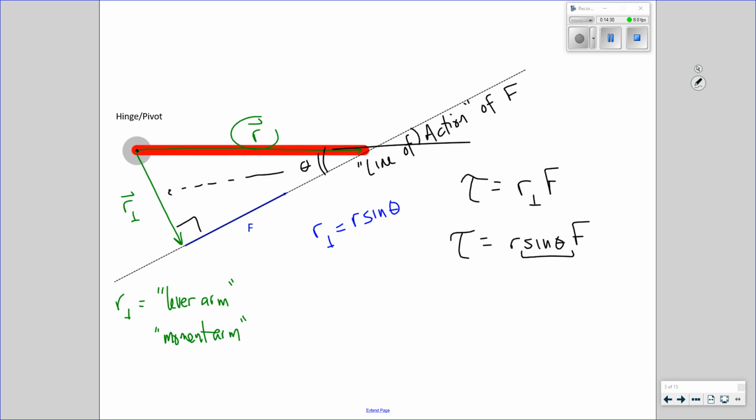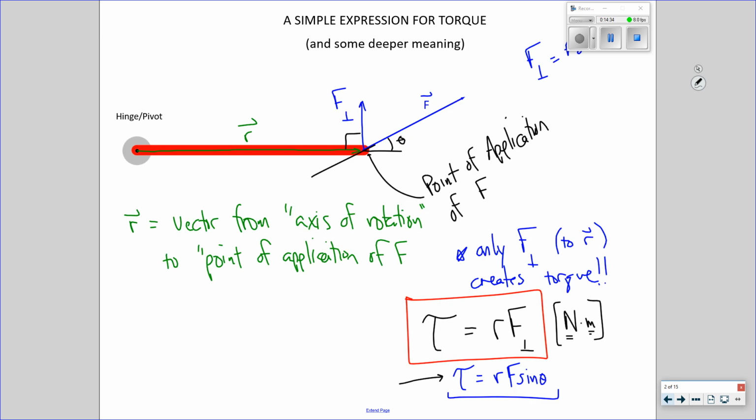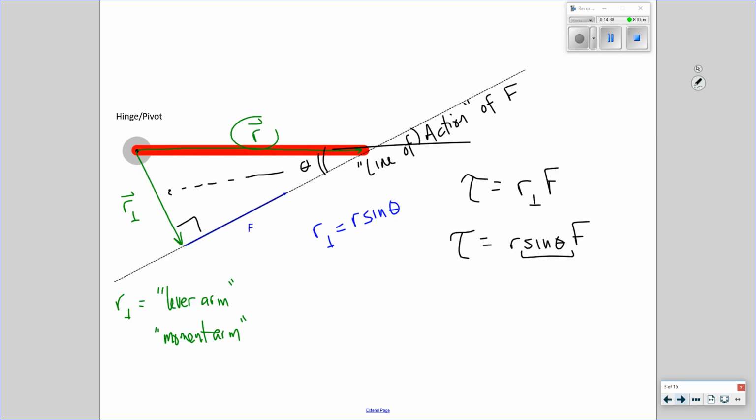Okay? So it's kind of neat, in my opinion, to think about how only part of the force produces the torque at the full distance r. Or it's like saying the whole force does produce torque, but only at part of the distance. All right, and those two expressions are the same thing.